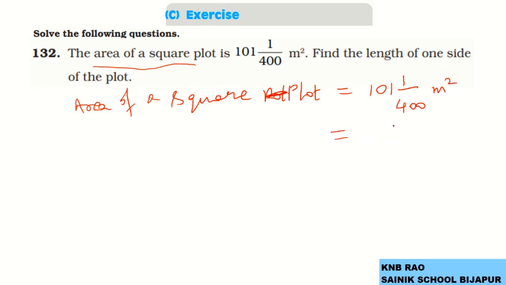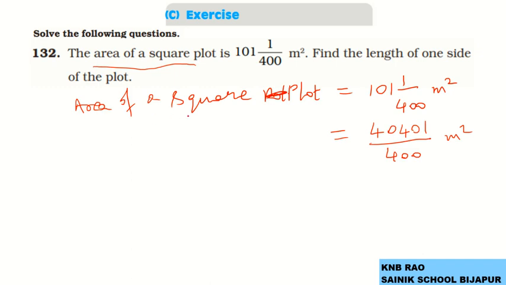Now, if you convert it into an improper fraction, from this mixed fraction you will get 40,401 by 400 meter square.